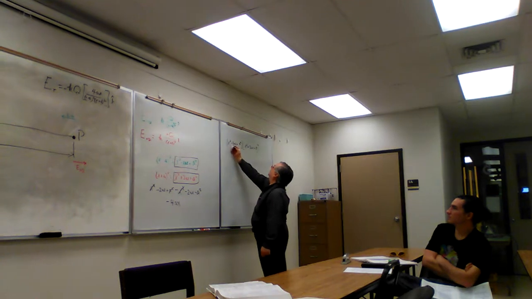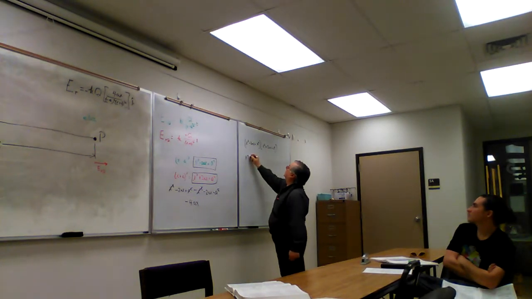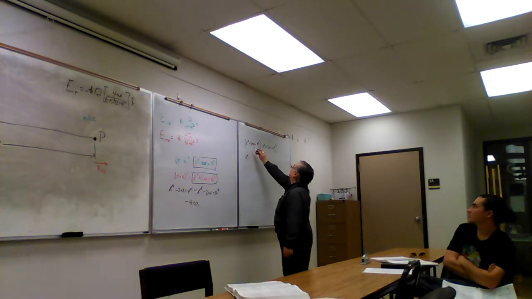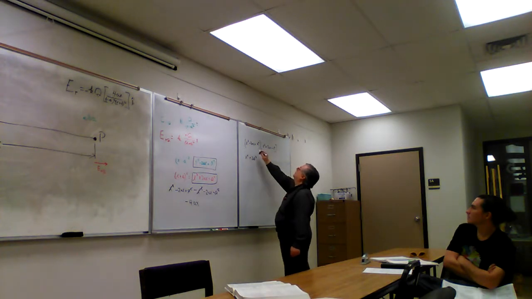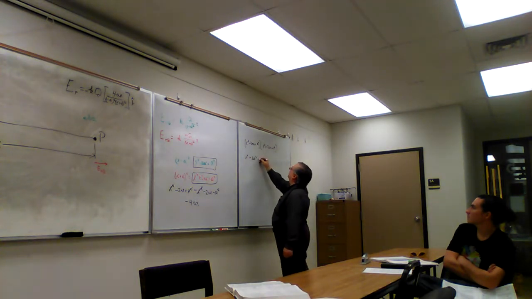We square this. We've got x to the fourth plus x times 2ax, so that would be 2ax cubed, plus x squared times a squared.